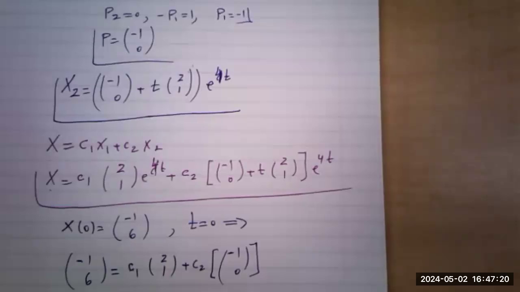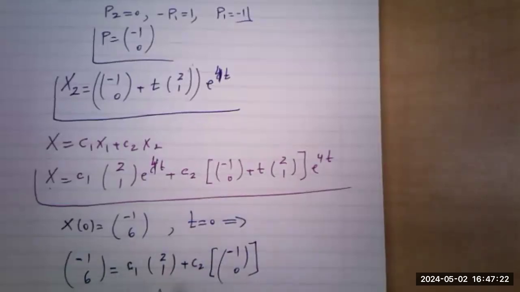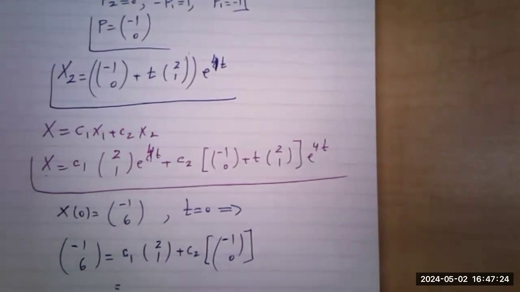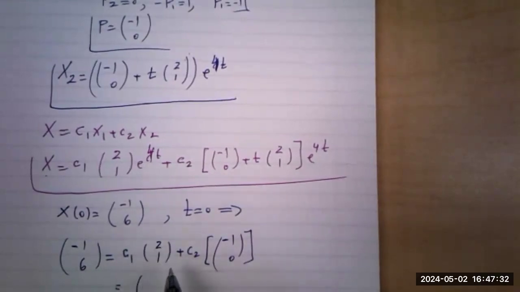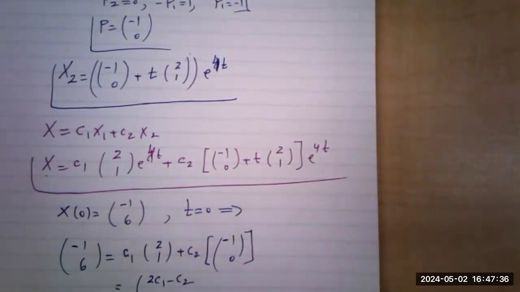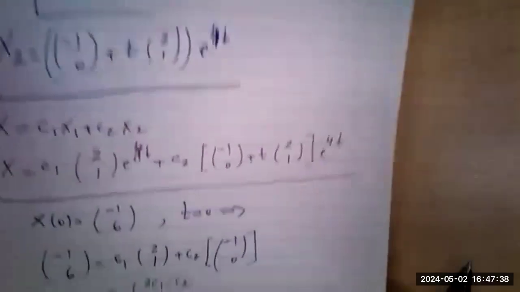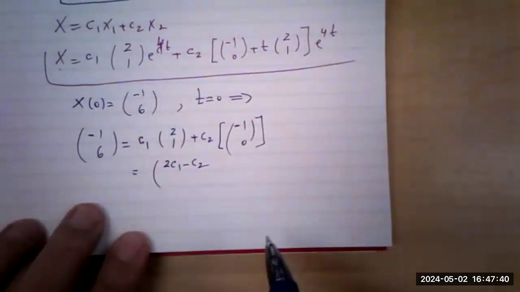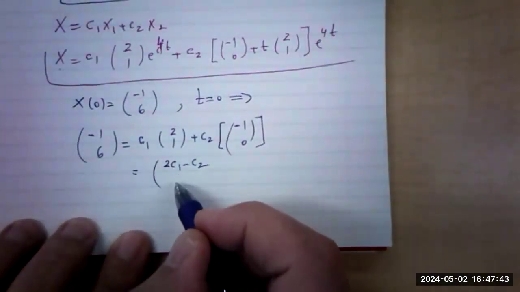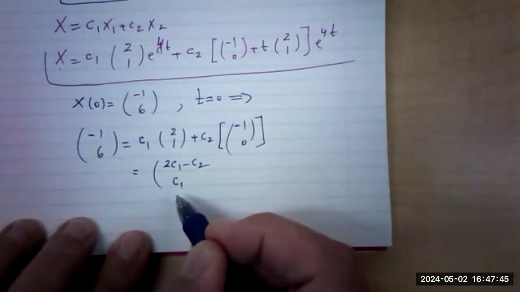So continue, simplify it, because you have the equality of two vectors. The first component would be 2C1 minus C2, just adding these together. And the second component would be C1 plus 0.